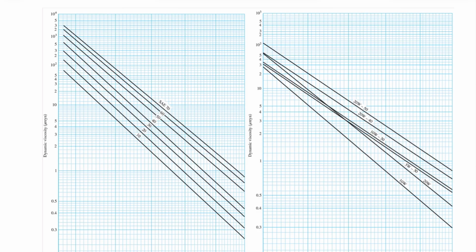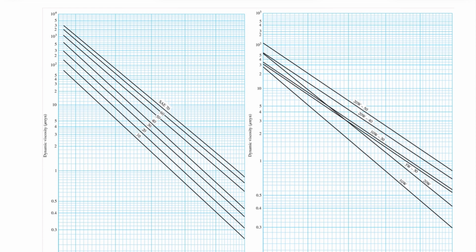And so when we're solving problems to do with journal bearings, these charts will be incredibly useful if I need to specify a particular type of lubricant for an engine. I know that I want my viscosity to be, say, around 10 microreyn, and I have a temperature of, let's say, 150 degrees Fahrenheit, then I can use this chart to determine, let's see, that's maybe a grade 60 lubricant that would be optimal for that application.